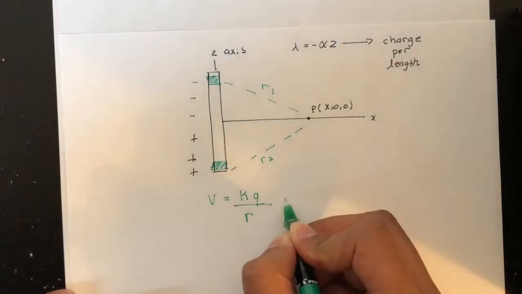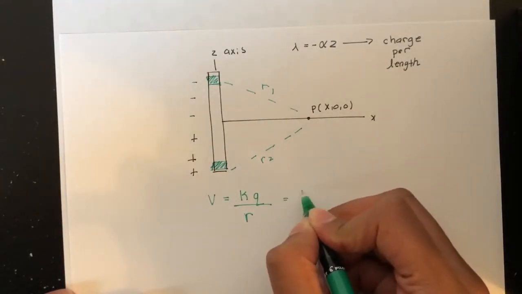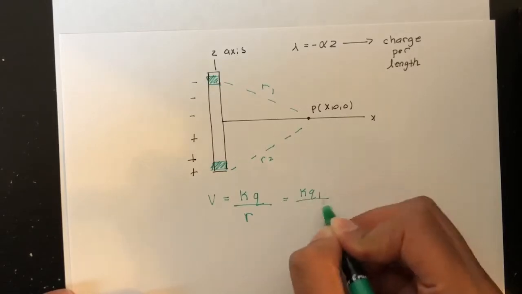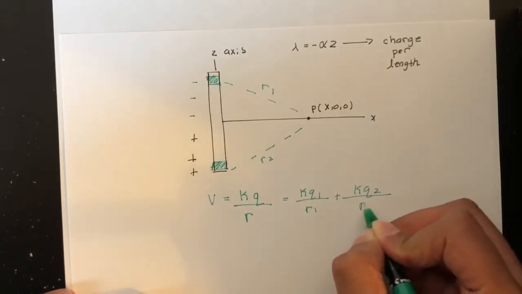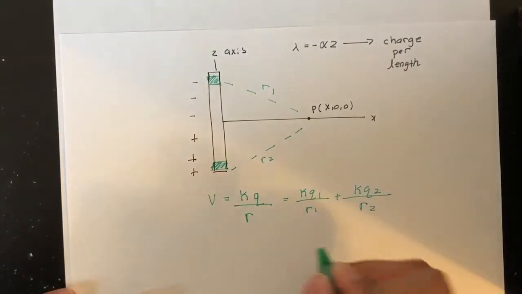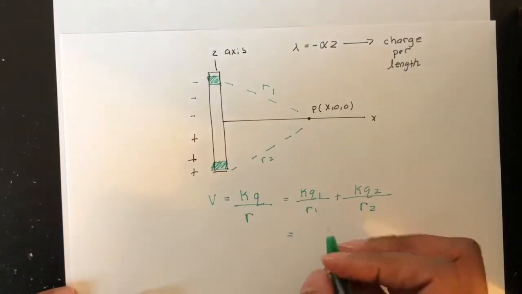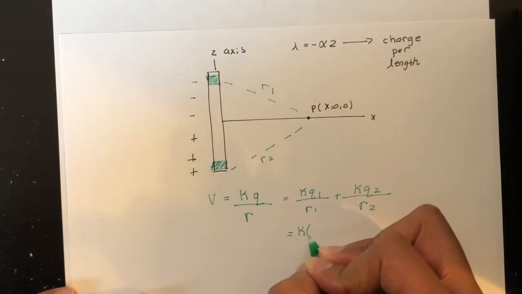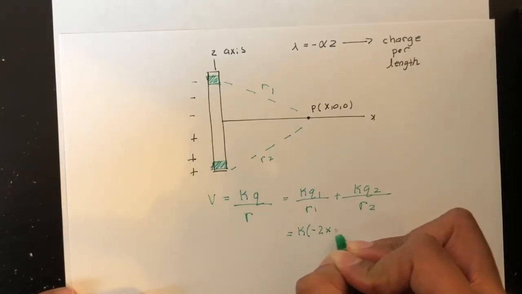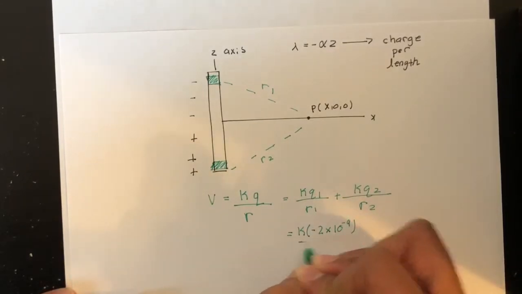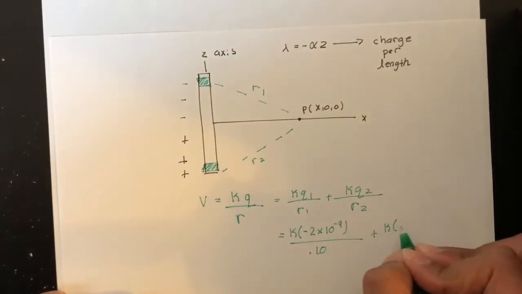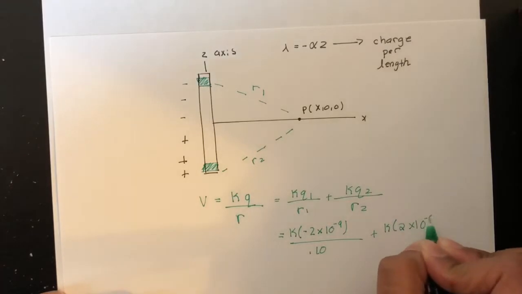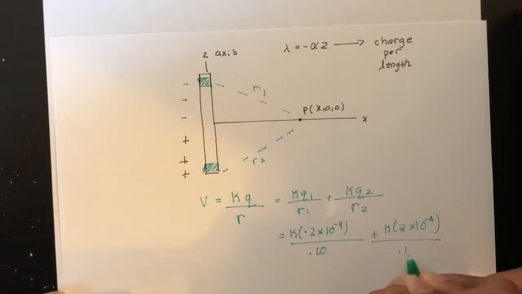So for instance, KQ1 over R1 plus KQ2 over R2 equals K, let's just say the value is -2 times 10 to the -9 over 0.10, plus K 2 times 10 to the -9 over 0.10.